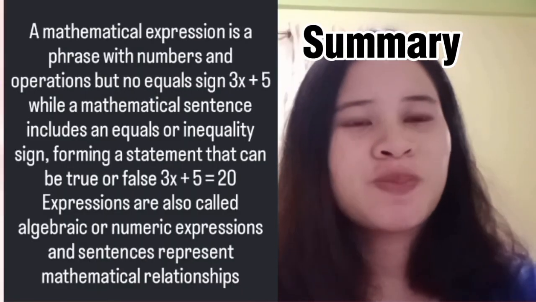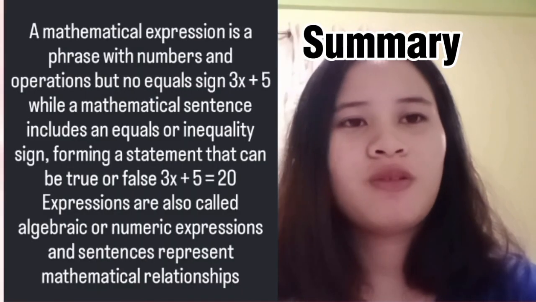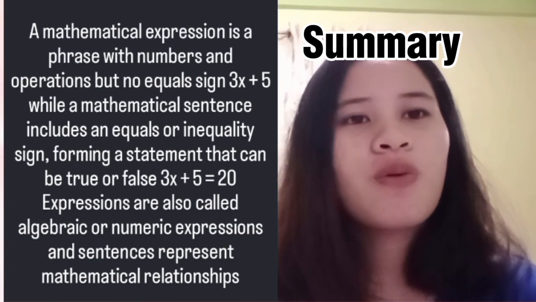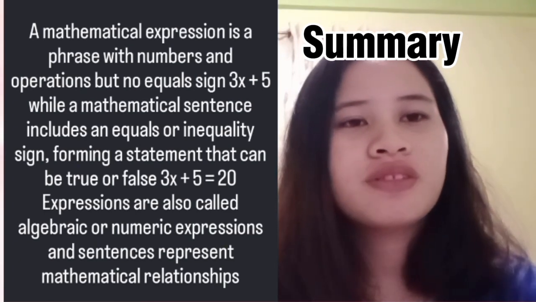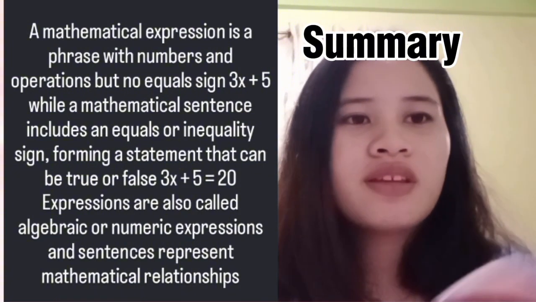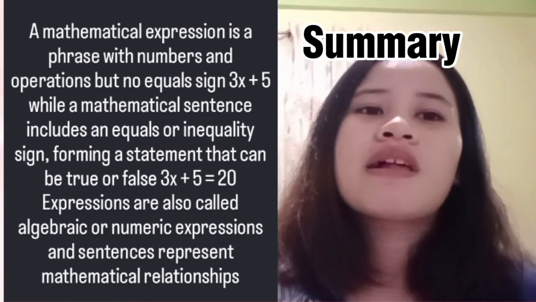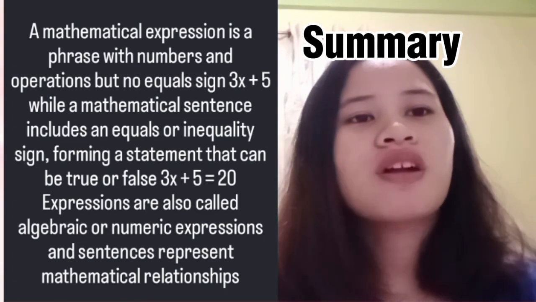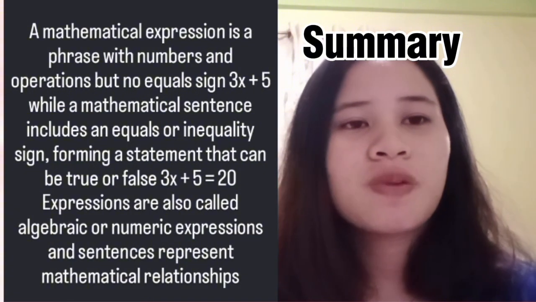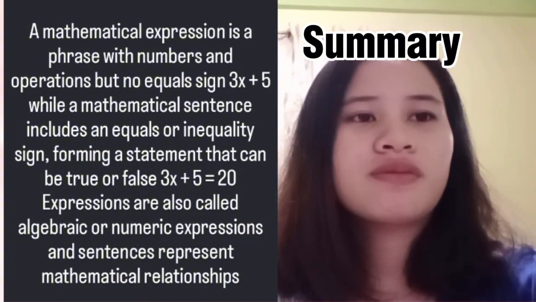A mathematical expression is written with numbers and operations but no equal sign, like 3x plus 5, while a mathematical sentence includes an equal or inequality sign, forming a statement that can be true or false, like 3x plus 5 equals 20. Expressions are also called algebraic or numeric expressions, and sentences represent mathematical relationships.